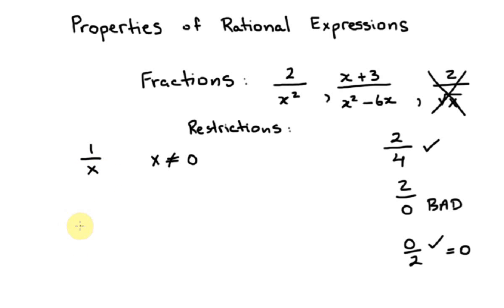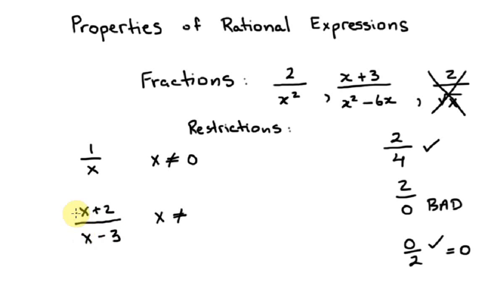So let's look at a couple more examples like that. Say I had x plus 2 on the top, and maybe I had x minus 3 on the bottom. And all I want to do is identify restrictions. What can x equal? Well, all you really care about is the denominator.